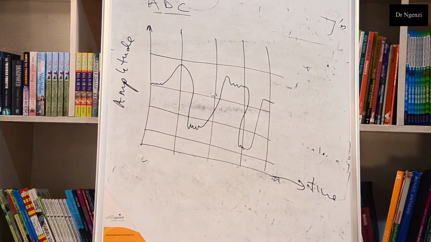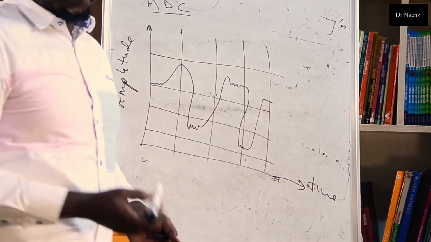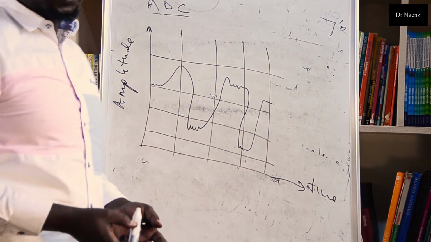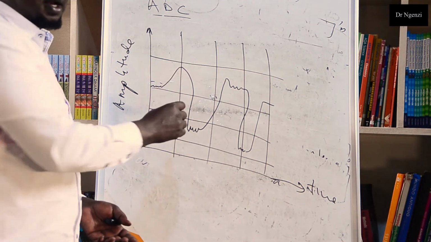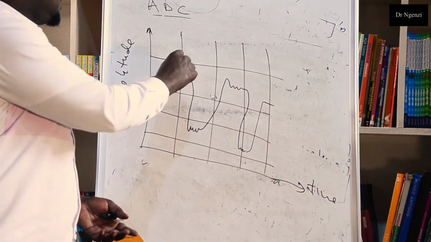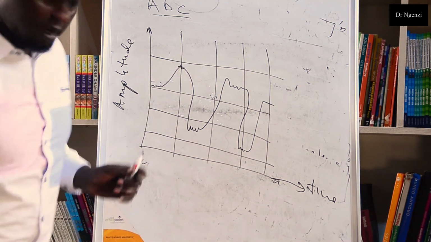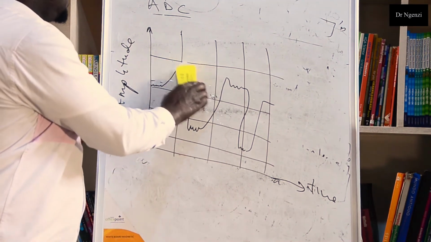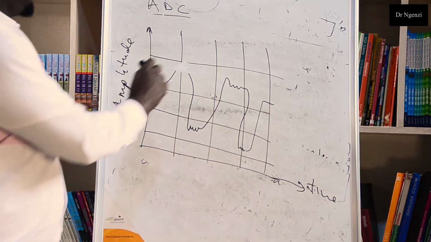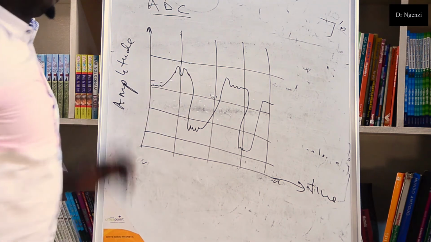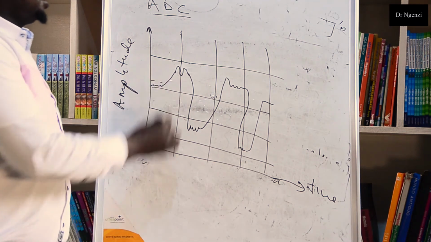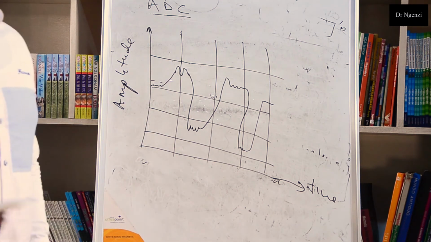So you are trying to use filtering. We are trying to sample, and remember this also has to show the sampling system. So they are sampled at regular intervals.